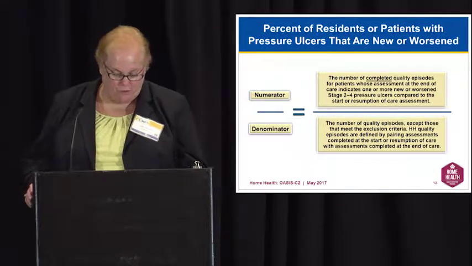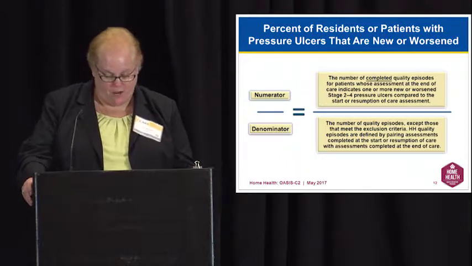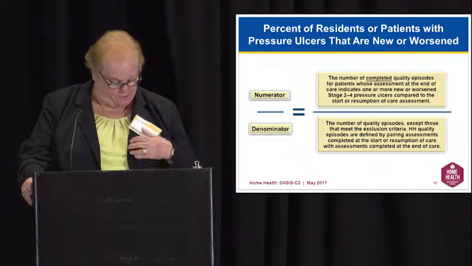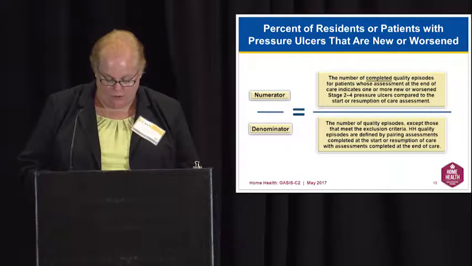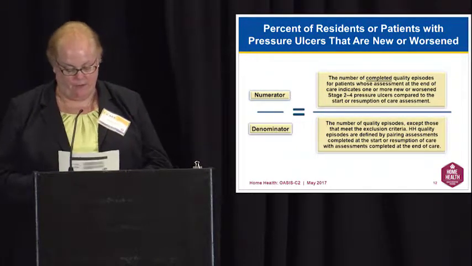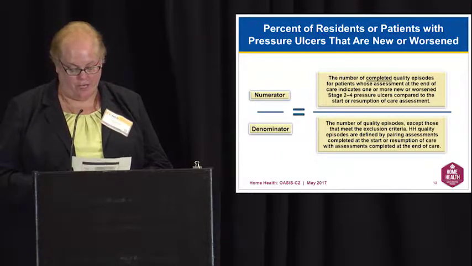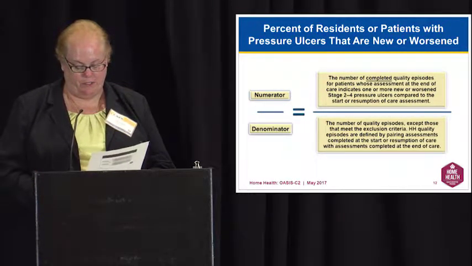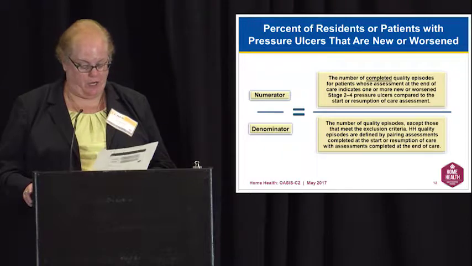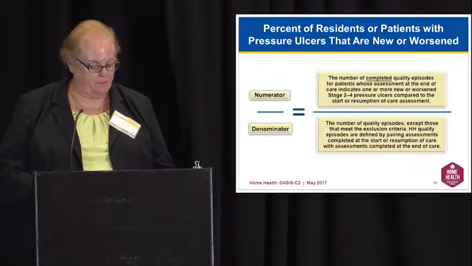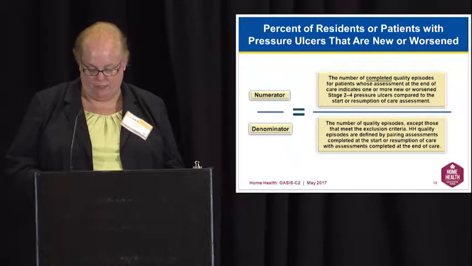And then we're looking at the denominator, and the denominator is the number of quality episodes, except those that meet the exclusion criteria, and we're going to talk a little bit about those, in the home health quality episode as defined by pairing the assessments with the start or resumption of care and the end of care. All right, so we have the completed.